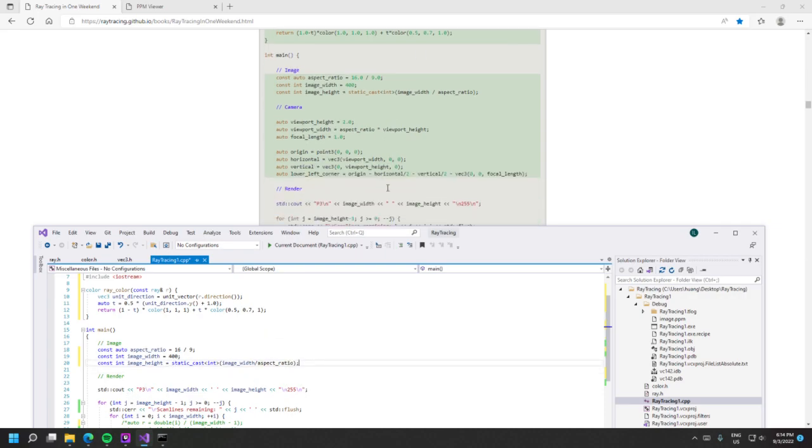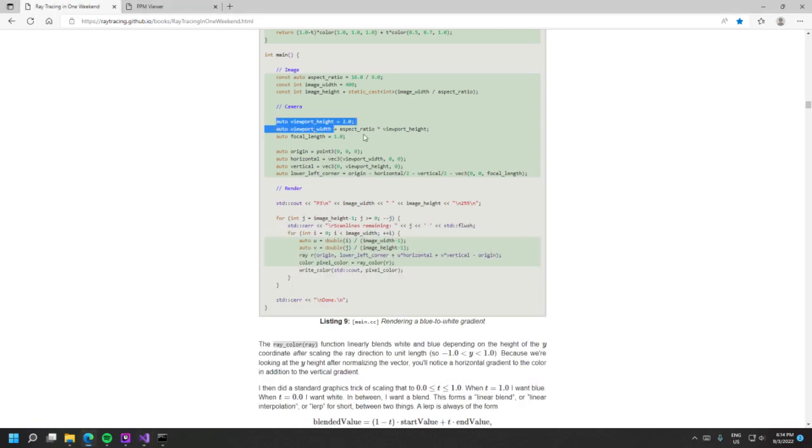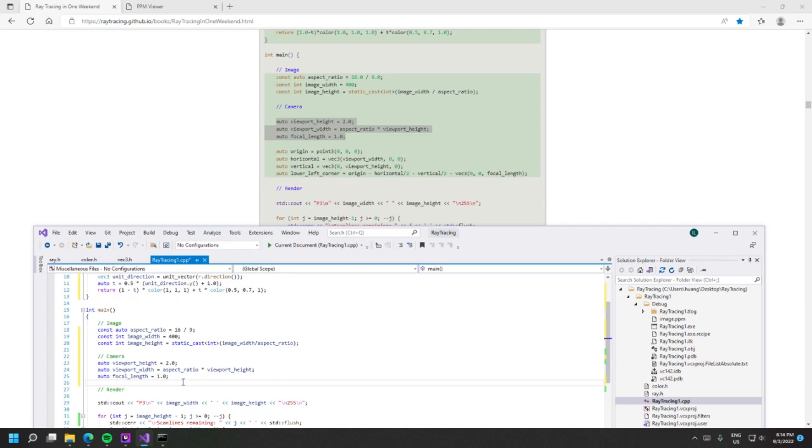But okay, so now it does this, and then we're going to set up the camera. Viewpoint height. I'm just going to copy and paste this part because there's no point in typing them. Our viewpoint height is 2, and the viewpoint width keeps the 16:9 ratio, and the focal length is 1. We just use it as a unit to speed up the computing part, I think.